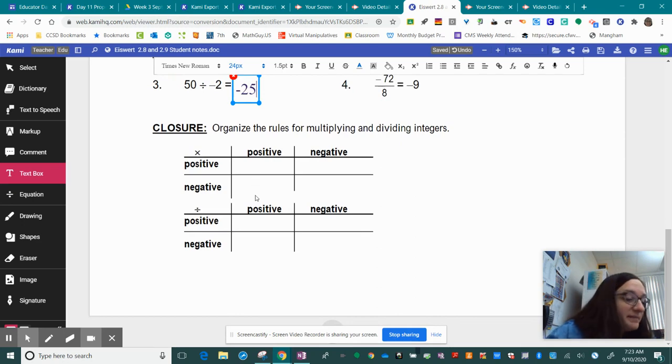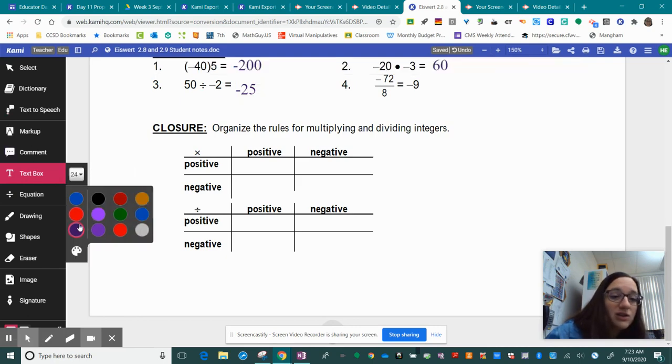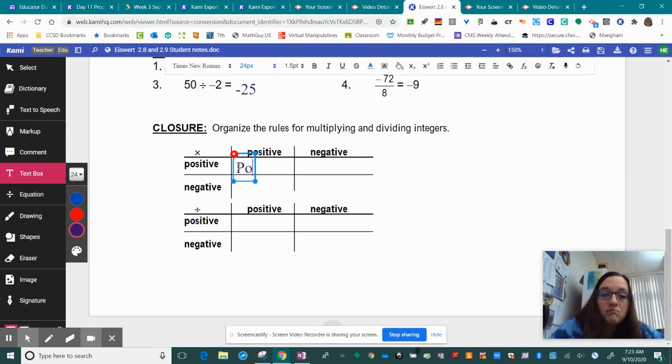Typo. It's fine. All right, here we go. We're going to organize the rule for multiplying and dividing integers. So these are like Punnett squares. We look at the 2 on the top and the bottom and bring them together to see what they would be. And then we fill in what our answer would be. So if we have a positive times a positive, those are the same signs. Positive.